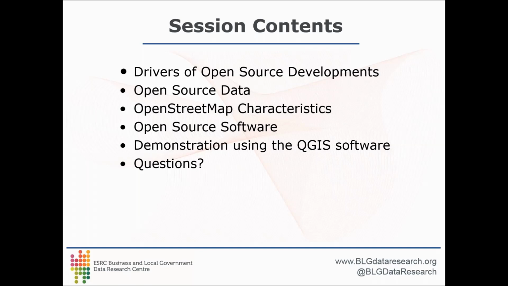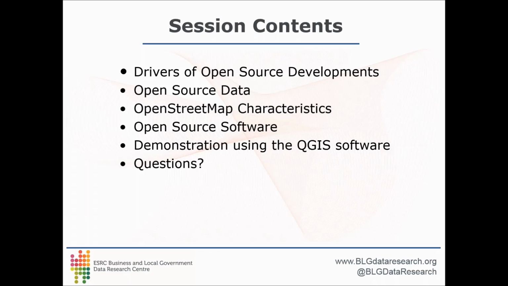I want particularly to talk about the characteristics of an open source spatial data set called OpenStreetMap, because this is basically now one of the most widely used resources around the world. So I want to talk about some of its characteristics, and I'm also planning to demonstrate on my screen what some of that data looks like.